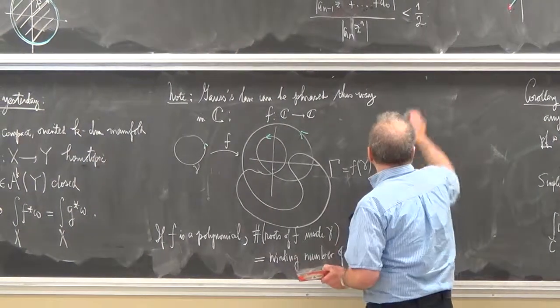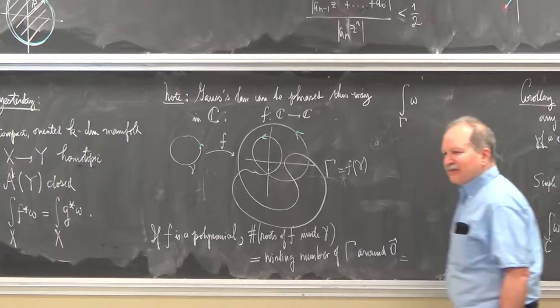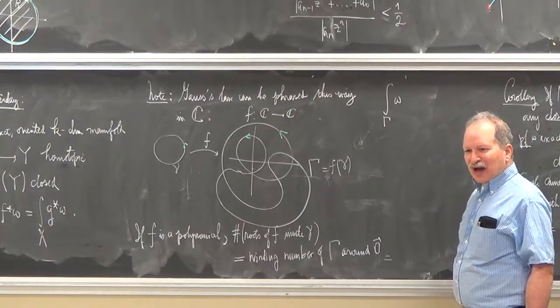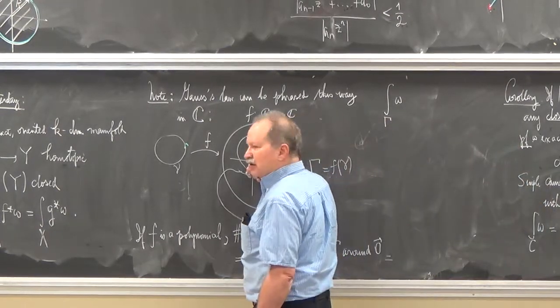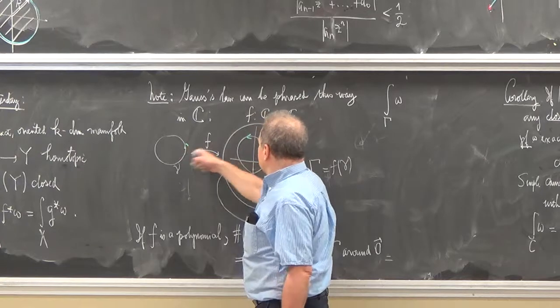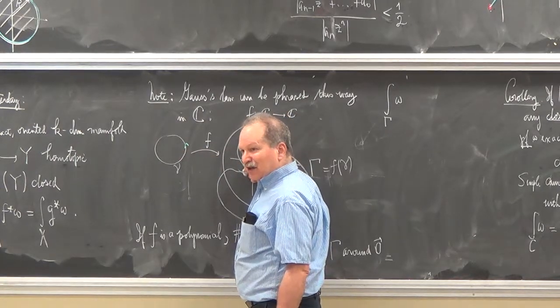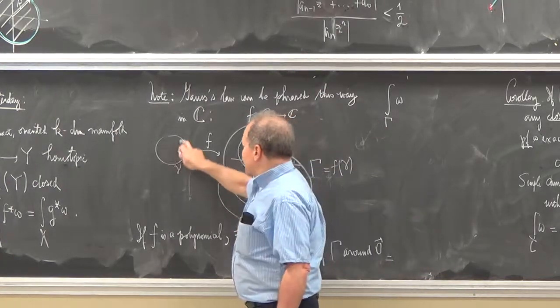You're integrating omega over capital Gamma, and you're counting how many times 0 is inside the curve, and that's counting 2 pi times the number of zeros inside here.